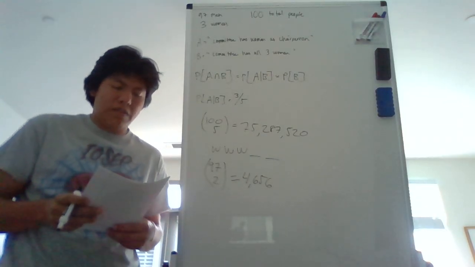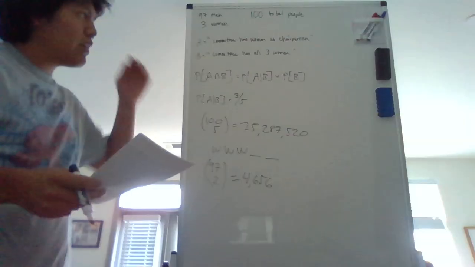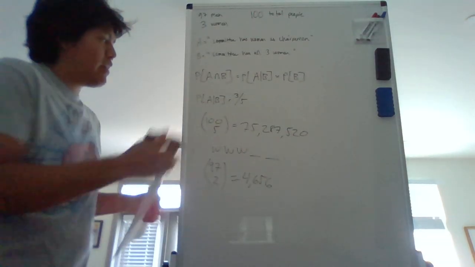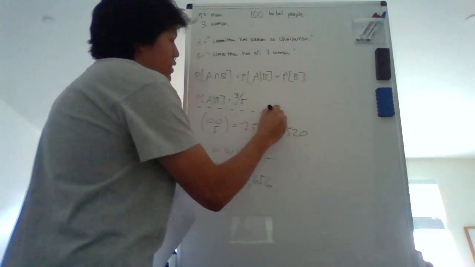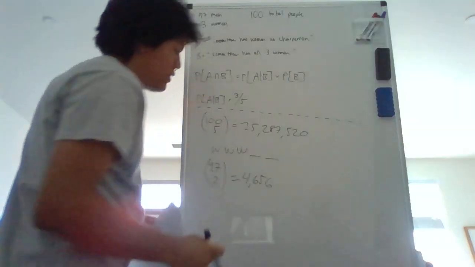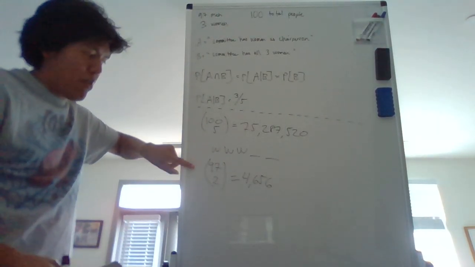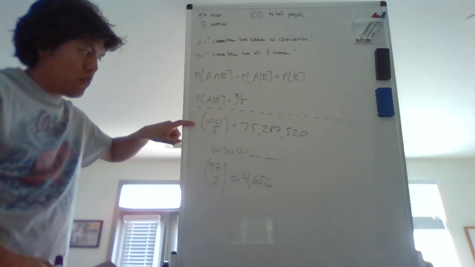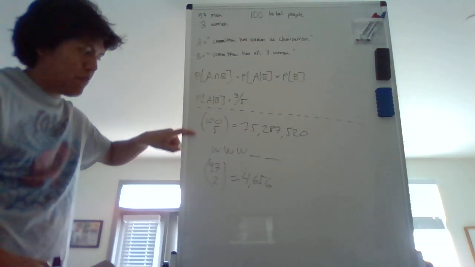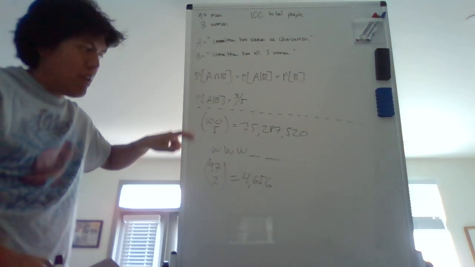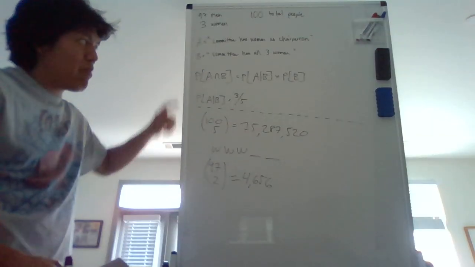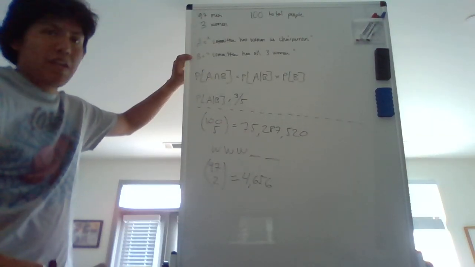Okay. So I'll kind of divide this right here. We're going to be using these two numbers to find the probability of B, that the committee has all three women.